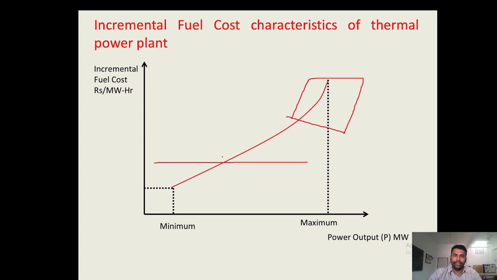So, this particular change in the cost is nothing but the incremental cost for the production of the power for that particular hour. So, using this incremental fuel cost characteristics, we have to allocate the power demand in the available generators.